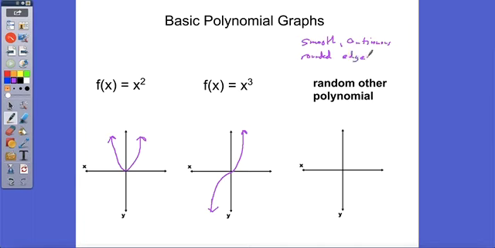So when it changes directions, it doesn't do so sharply, it does so in a curved fashion. This might be an example of a quartic polynomial, a fourth degree polynomial, meaning the highest exponent would be 4. Notice how it goes forever to the left and right, and it's smooth when it changes directions.